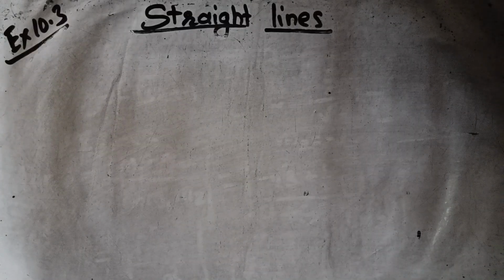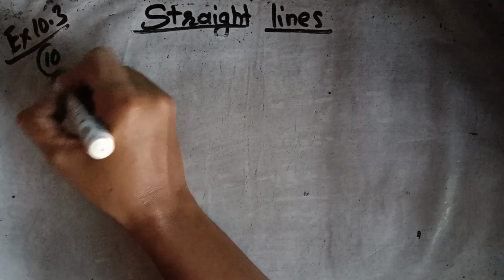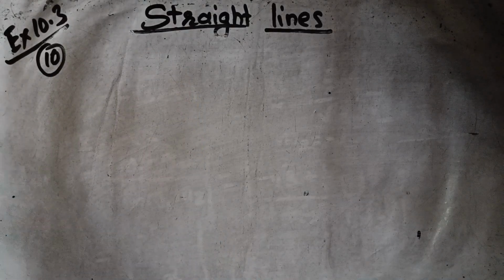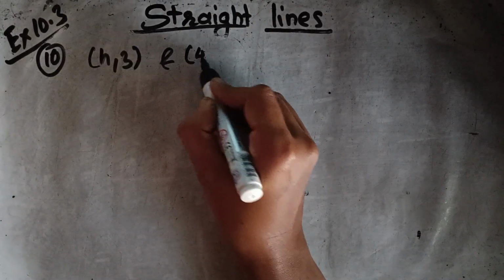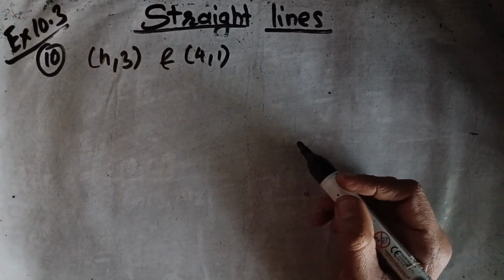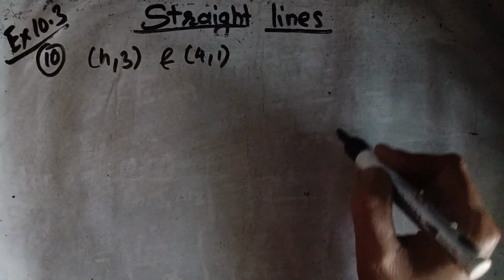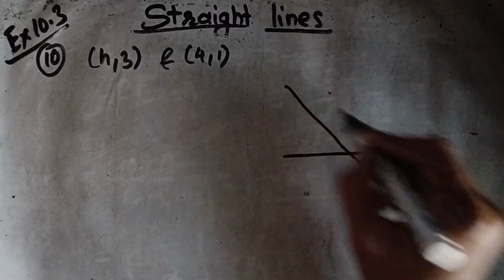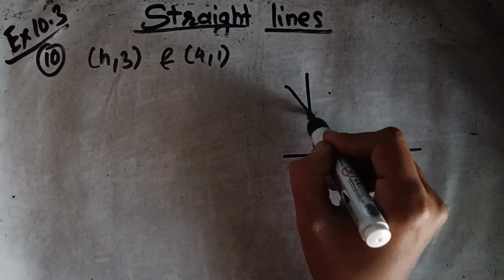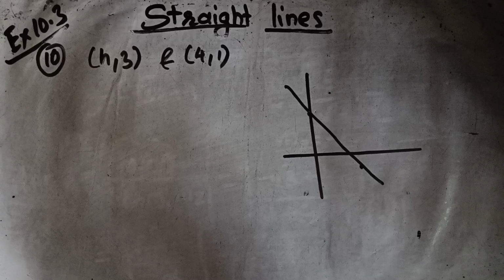Next question. Question 10. The line through the points h, 3 and 4, 1 intersects the line. Okay. So this line has h, 3 and 4, 1. Okay.